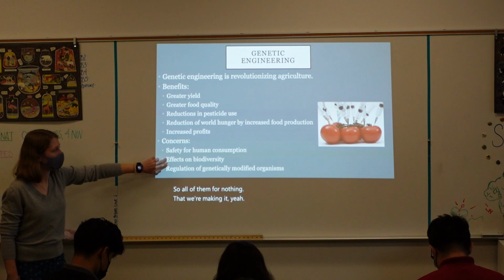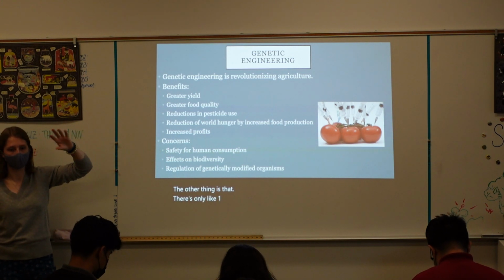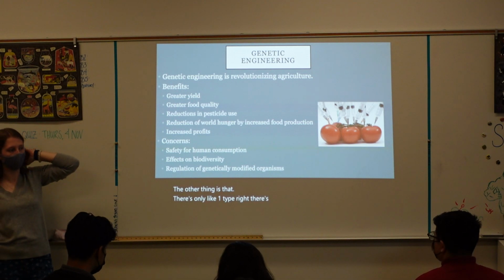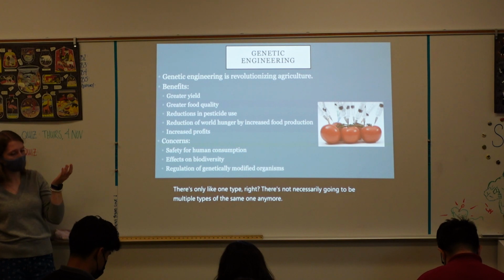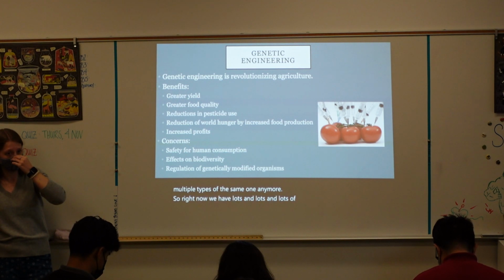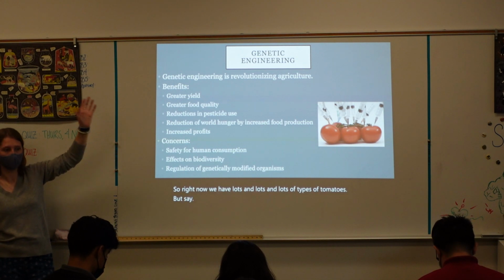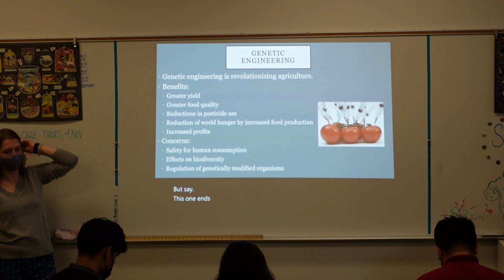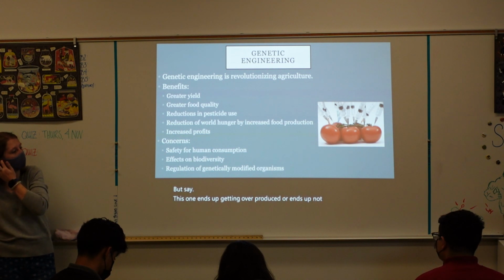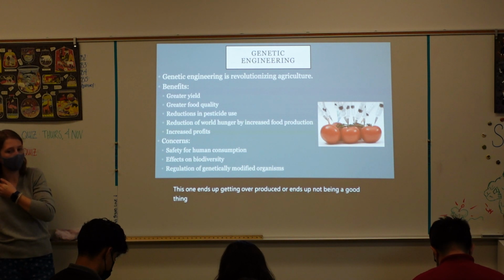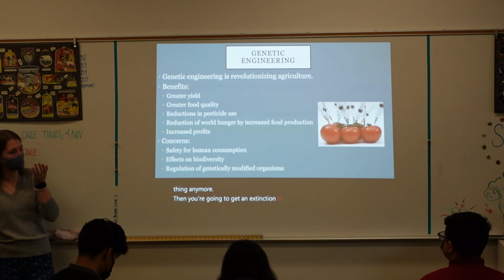The other thing is that there's only one type, right? There's not necessarily going to be multiple types of the same one anymore. So right now we have lots and lots of types of tomatoes, but say this one ends up getting overproduced or ends up not being a good thing anymore, then you're going to get an extinction of a type of produce.